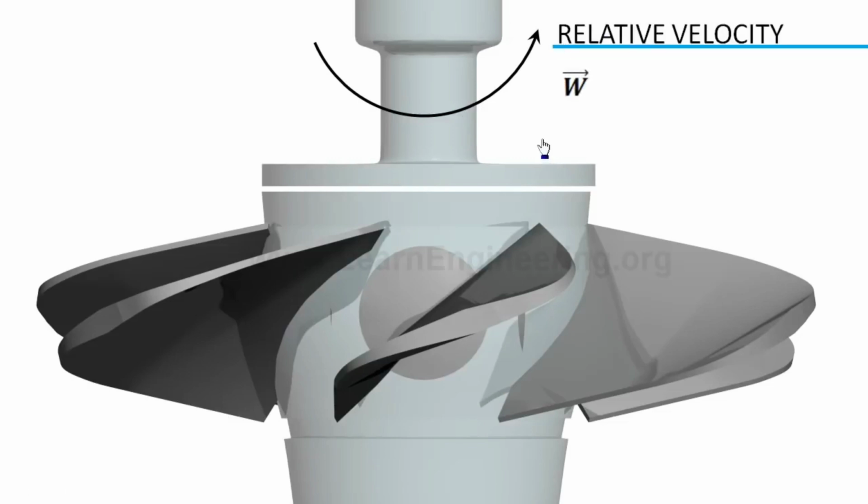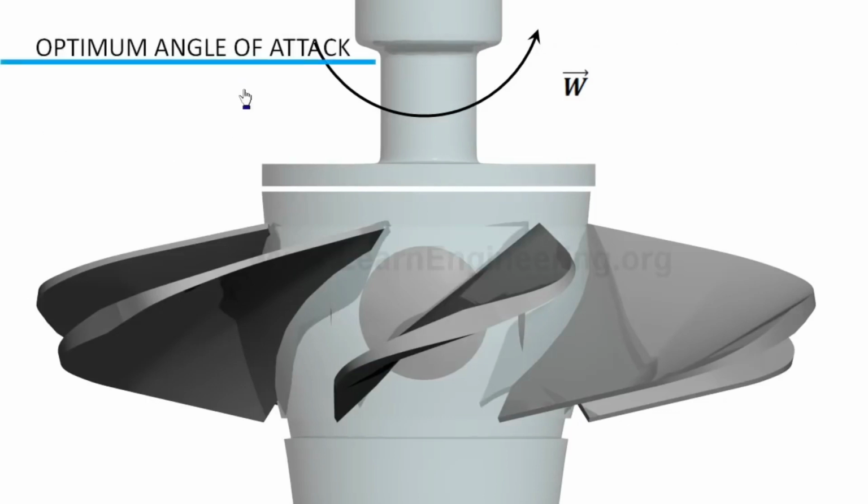A rotating blade experiences a relative velocity of flow. The fundamental thing in blade design is that the relative velocity of fluid flow should be at an optimum angle of attack at all cross sections, even though the absolute velocity is axial.